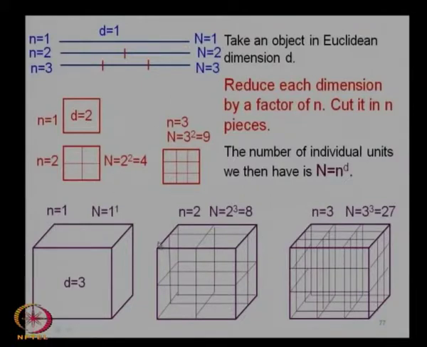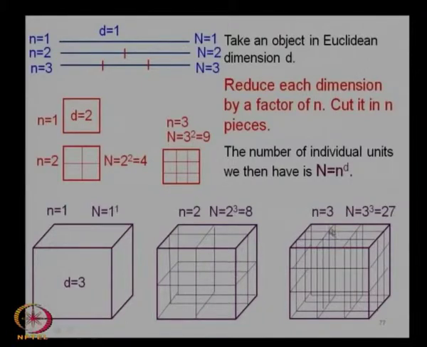You divide this into two parts, this part into two parts, and this side also into two parts, and the number of self similar pieces that you get is 2 to the power 3, which is equal to 8, right.